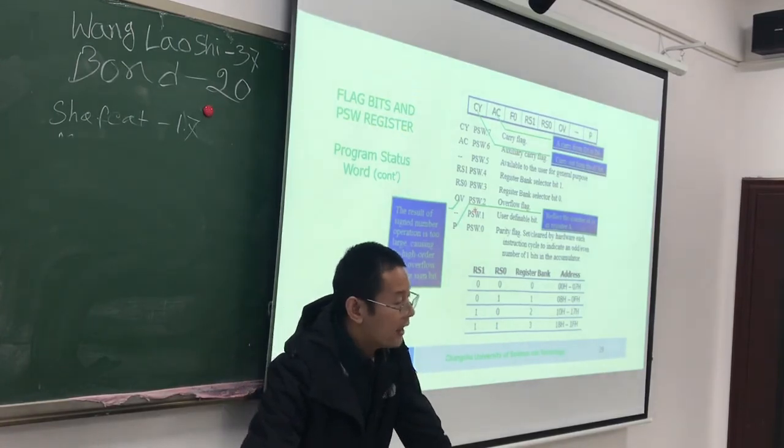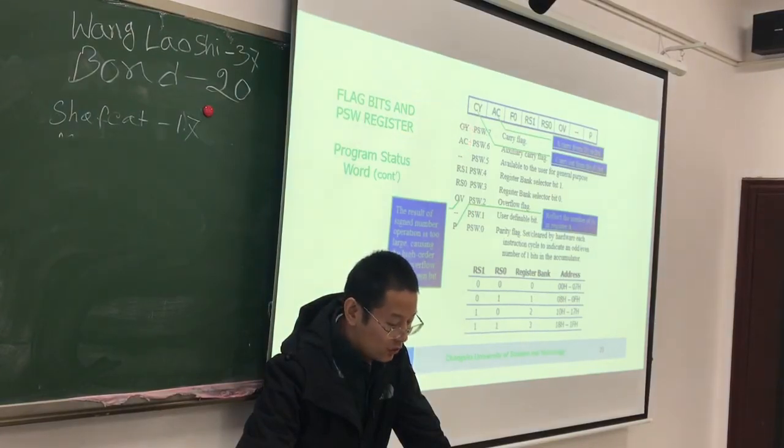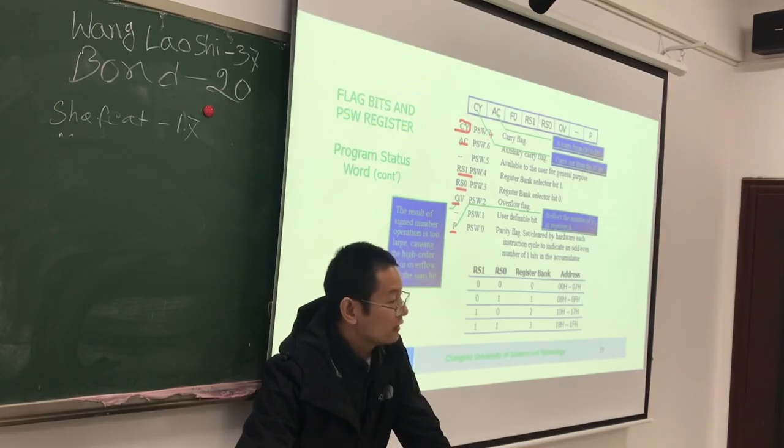You can access the register bits using the names CY, AC, RS1, RS0, OV or P, or just use PSW.7.